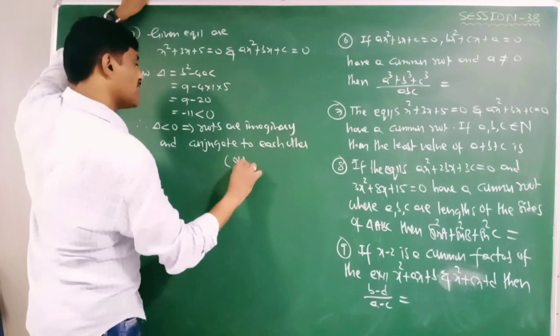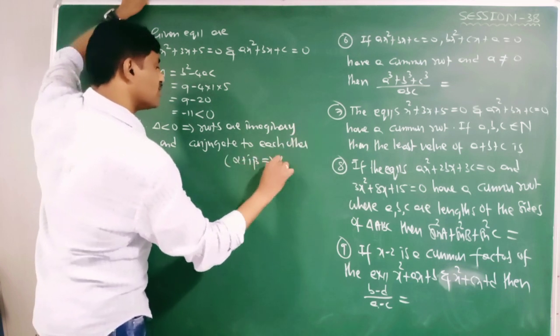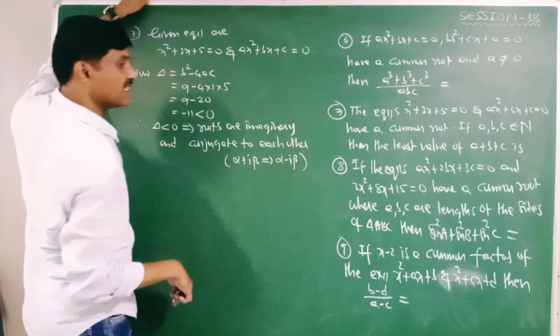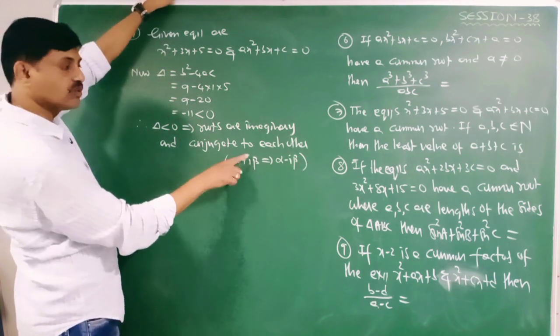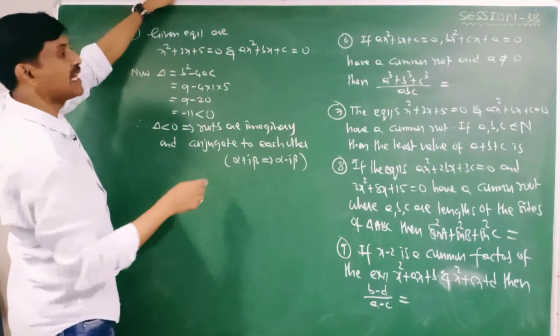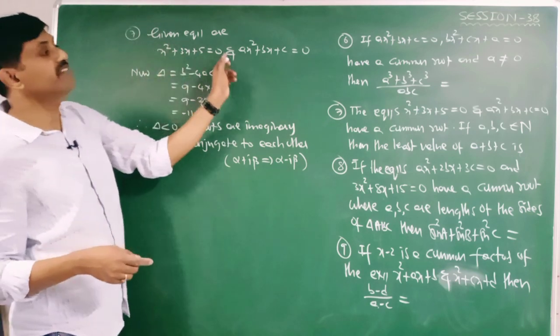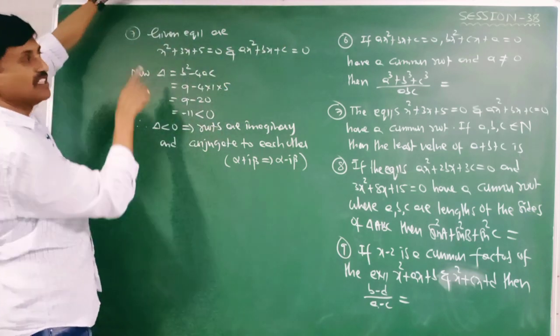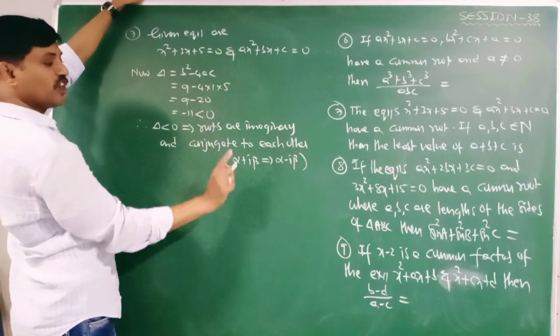That means if alpha plus i beta is one root, automatically the other root is alpha minus i beta. If alpha minus i beta is one root, the other root is alpha plus i beta. But it is said that these two equations have a common root.